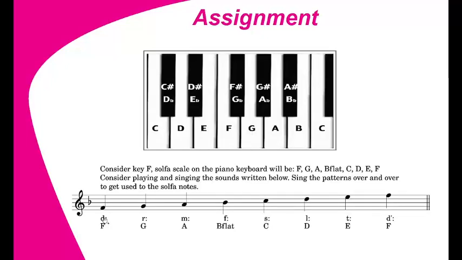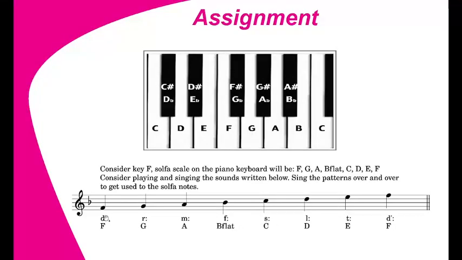So on the solfa scale, this key signature is showing us we are in key F. Since we are in key F, our do will be at F. This is space F. If we name the lines and spaces, this is space F. So this is a do in the space, a re will be on the next line, a mi in a space, a fa on a line, then space, line, space, line.